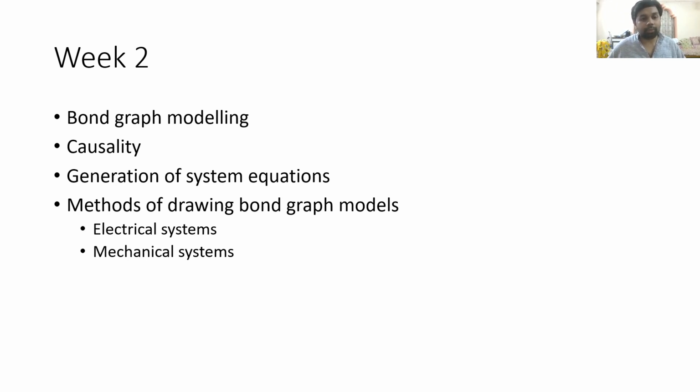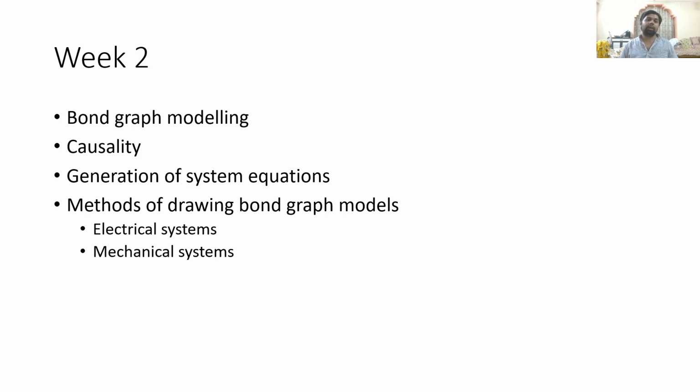Then the content for the second week dealt mainly with bond graphs. So how can we use this graphical technique for modeling systems? This is a graphical representation, and there is a certain set of standard elements by which we can represent multi-domain systems using the same set of tools.